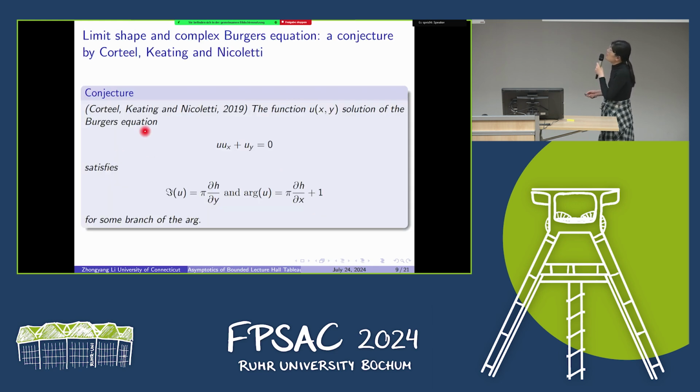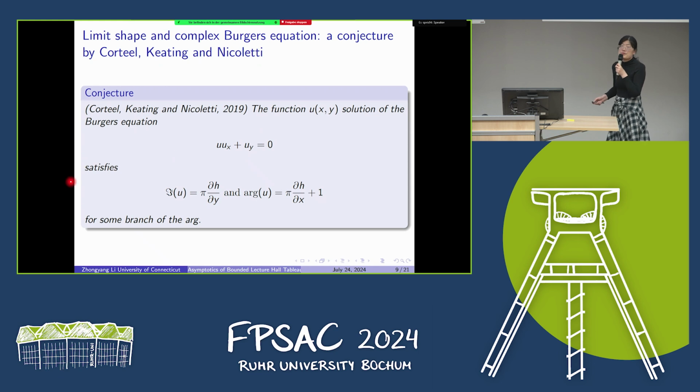So Corteel, Keating, and Nicoletti made a conjecture. They say that if we consider the solution of Burgers' equation, u_x plus u u_y is equal to 0, where u is the solution of Burgers' equation, then the solution of this Burgers' equation is related to the slope of the height function in the limit shape in such a way: the imaginary part of u is equal to pi multiplied by dh/dy, and the argument of u is pi multiplied by dh/dx plus 1. So this is the rescaled height function.